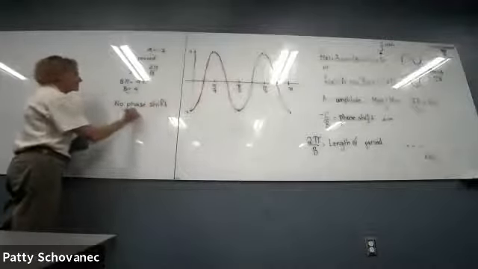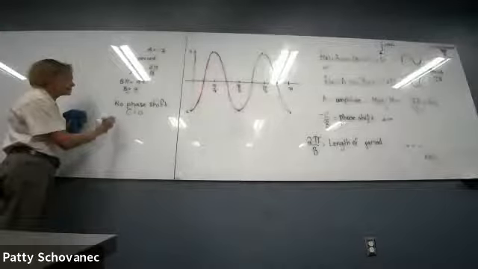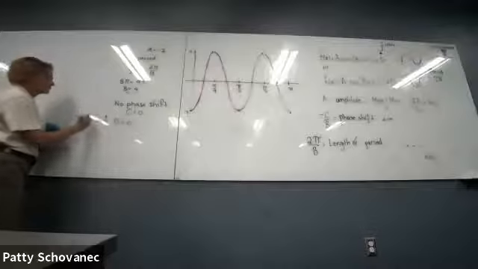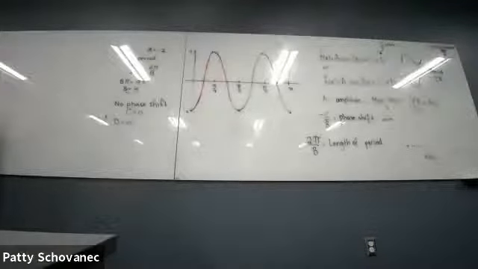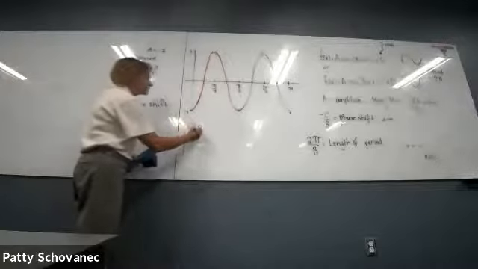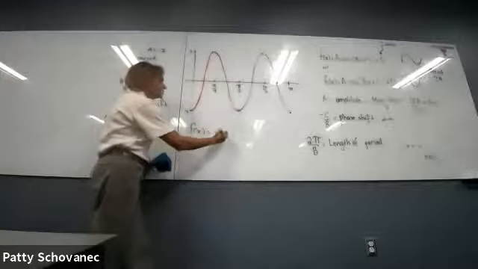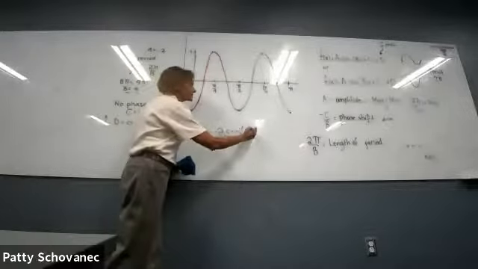Which makes our C 0, and nor has it been picked up and moved. So that makes D 0. So we've got our A and B, and the other values are 0. And so we should be able to write this as f of x is negative 2 cosine of 4x.